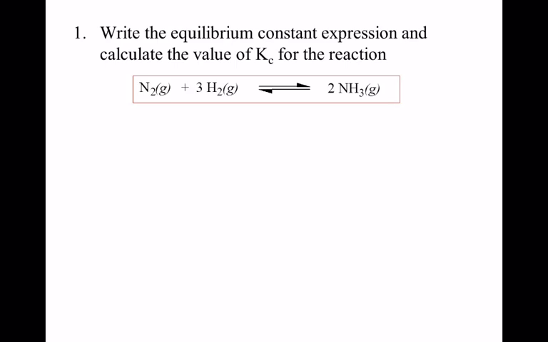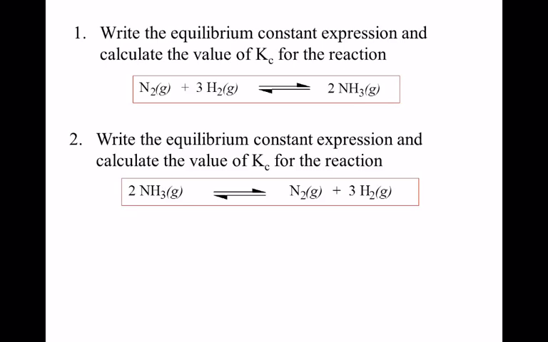Okay, so we're going to be referring back to those. For this Haber process, we can write it like this, where 1 mole of N2 reacts with 3 moles of H2 in equilibrium with 2 moles of NH3. We could write that expression, and we are going to write that expression. We're going to do each one of these.